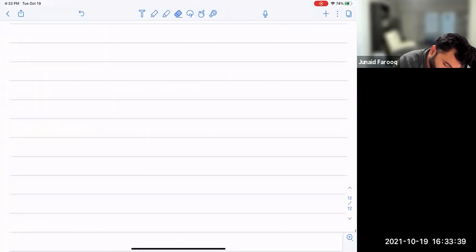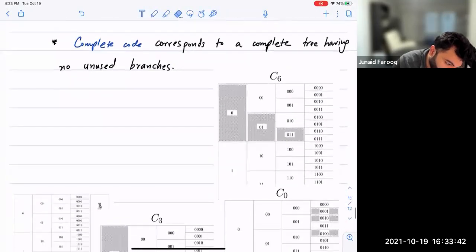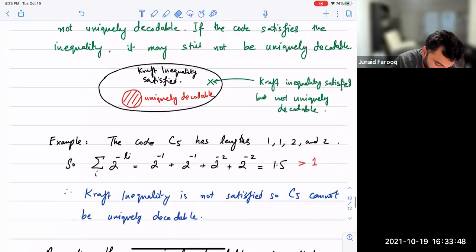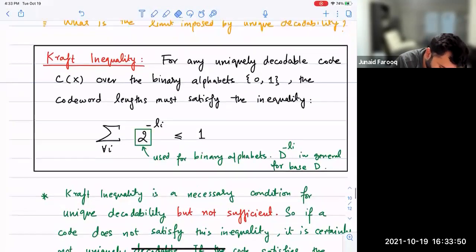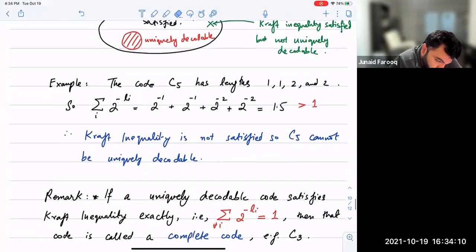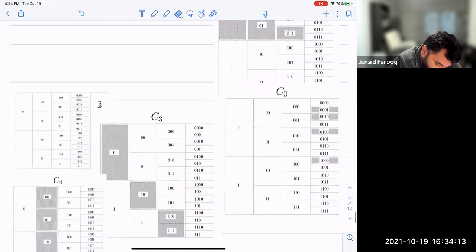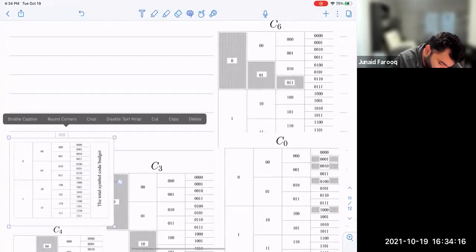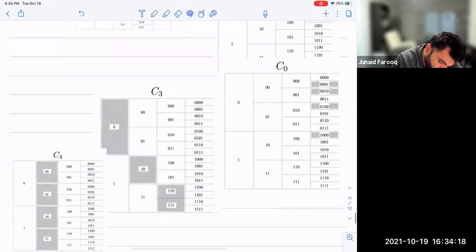Now let's look at the illustrative examples on the Kraft inequality, to see why it makes sense. Obviously, I'm not trying to prove it here mathematically, but I can show you with a diagram why this is true: why codes that are uniquely decodable have to sum up to something that is less than or equal to 1. So let's take a look at this image.